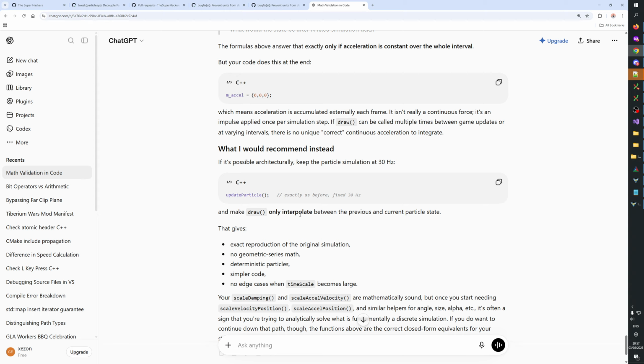Keep the particle simulation at 30 Hertz. Make draw only interpolate between the previous and current particle state. Exact reproduction. No geometric series math. Deterministic particles. Simpler code. No edge cases. Interpolate.